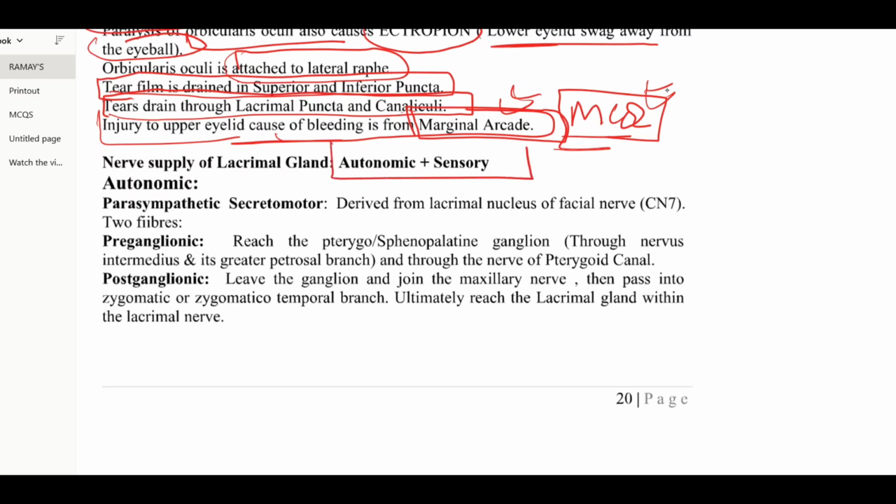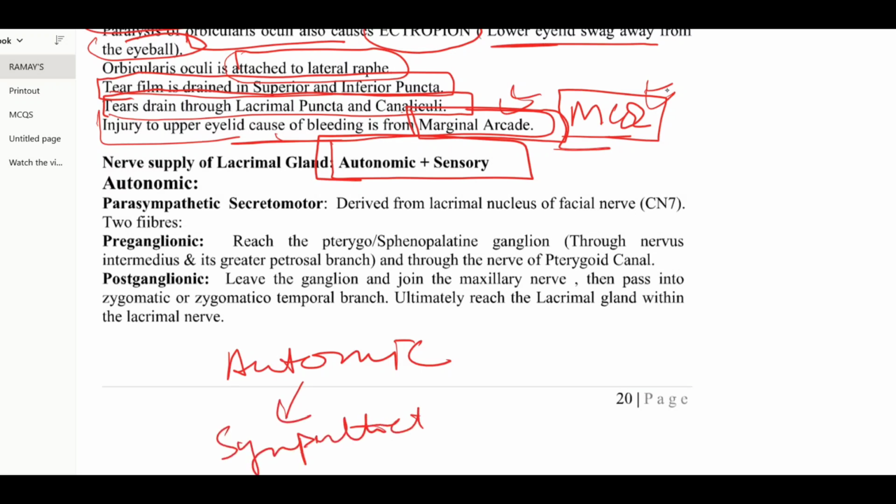One is the autonomic, which is sympathetic and parasympathetic, and the second one is the sensory.